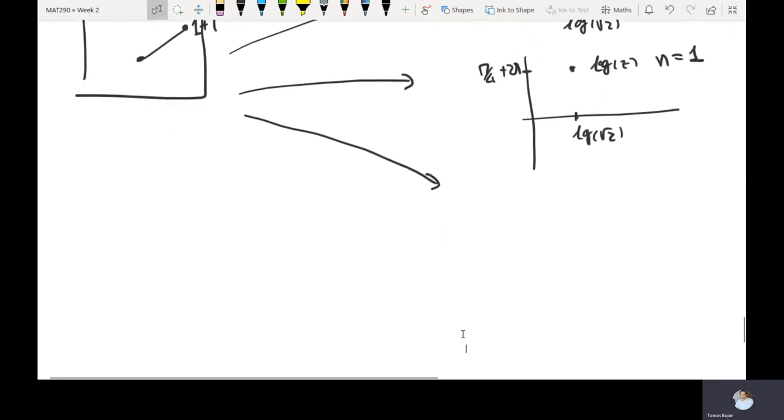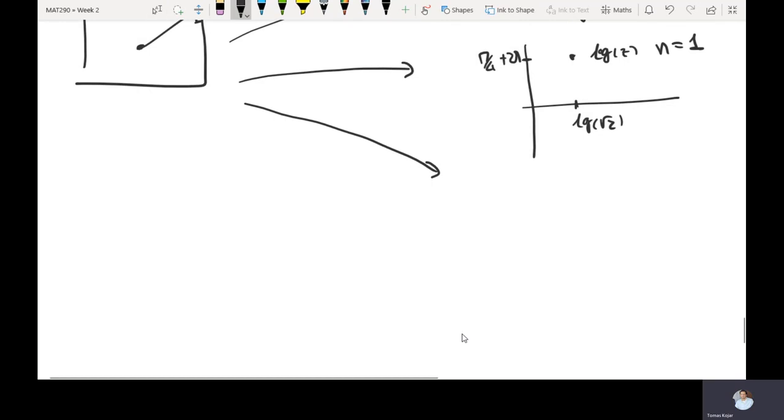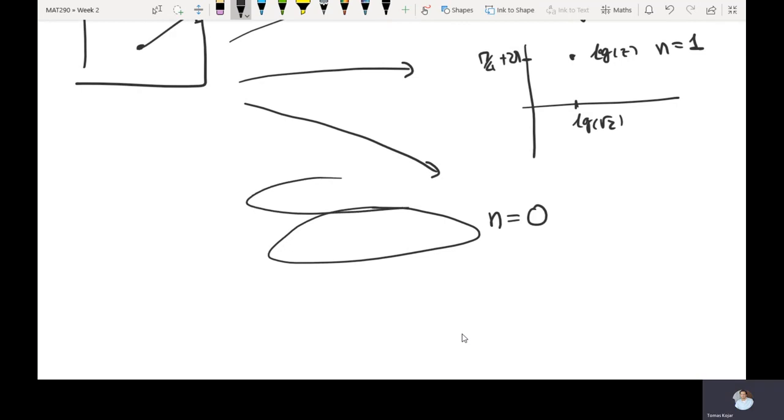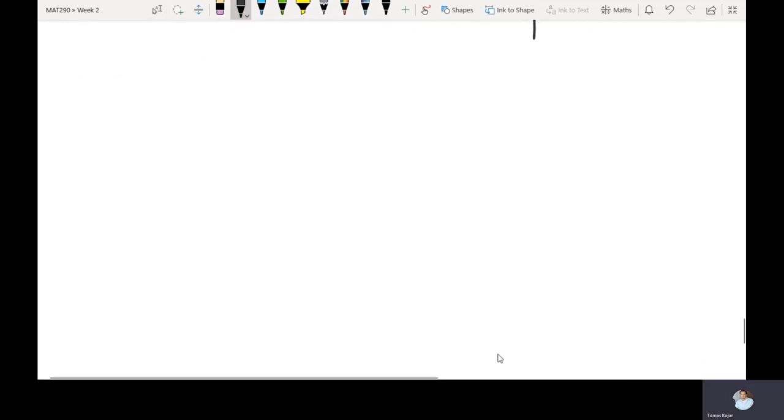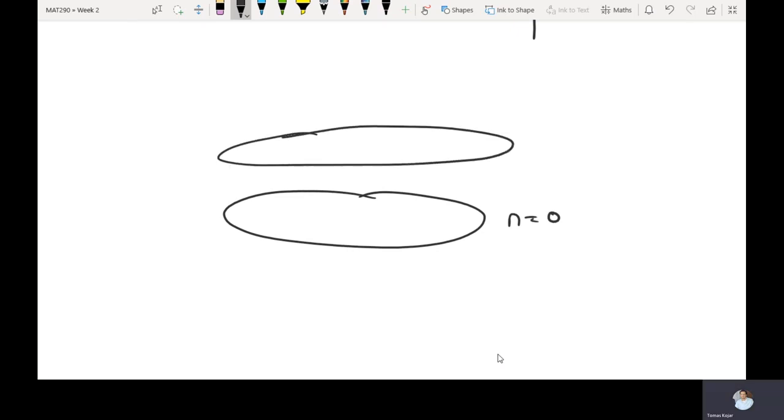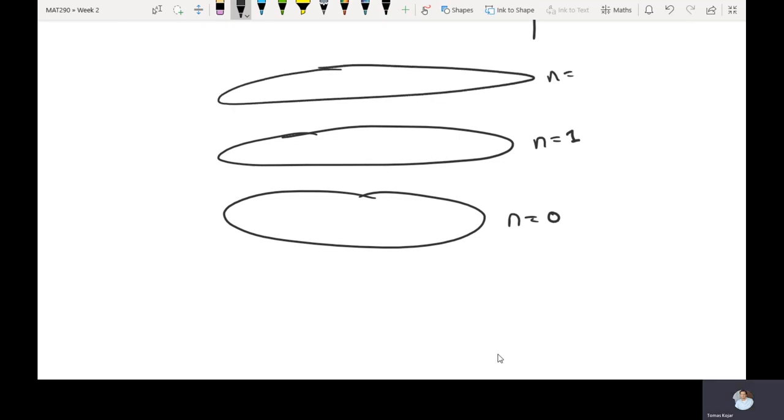So all that picture says is you have multiple images. So you have one image where n is, let's say, 0. Then you have another image where you shift it by 2 pi. Let me make it bigger, give you more space. So we have n equals 0, n equal 1, n equal 2.